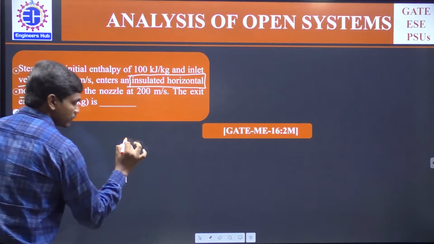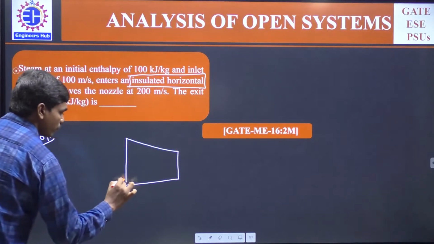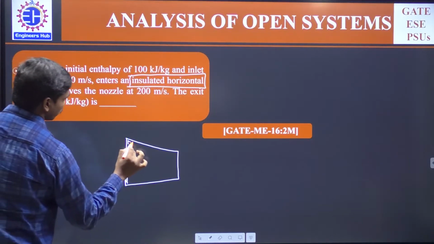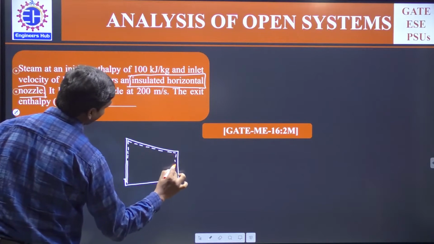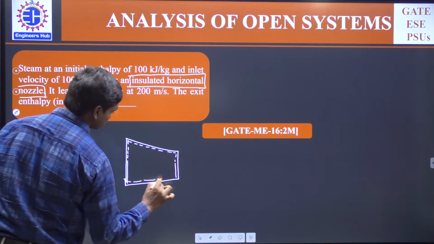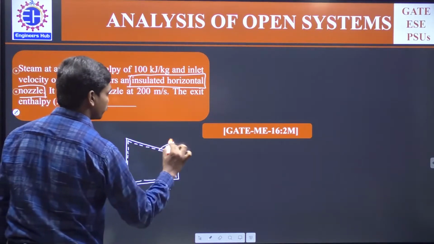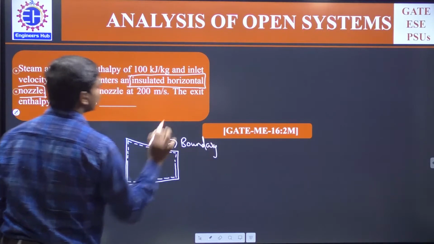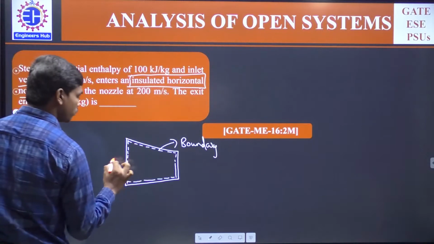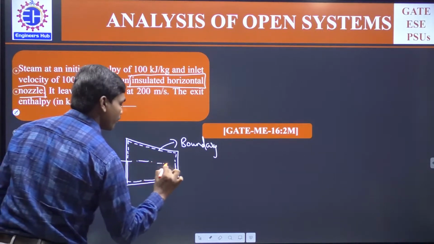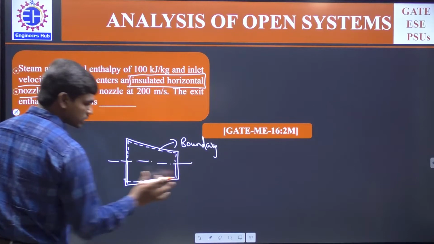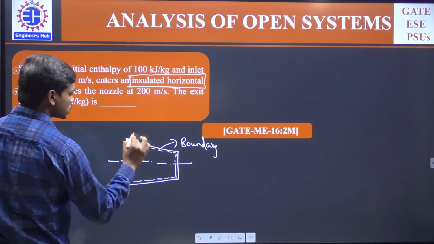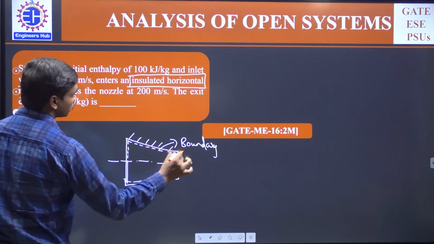Suppose this is your nozzle, and this is your control volume boundary for an open system. Insulated horizontal means the potential head difference is 0, and also the nozzle is insulated.